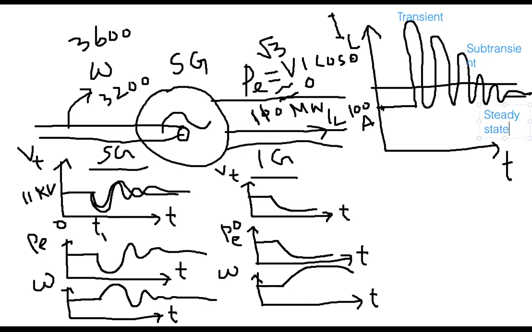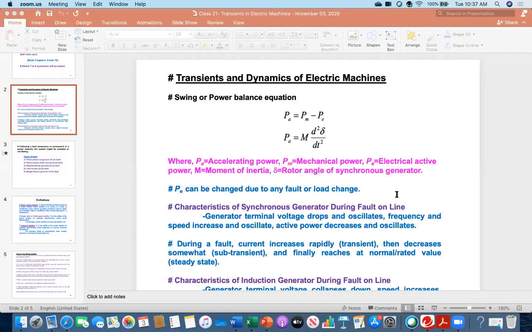This was your rated current, and due to the fault, current became maybe 5 times, sometimes 10 times higher, and that is called transient. So you should remember this terminology: transient, subtransient, and steady state. Okay, now there are a few more things.